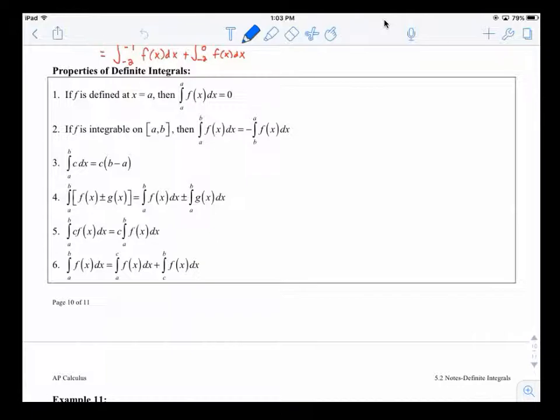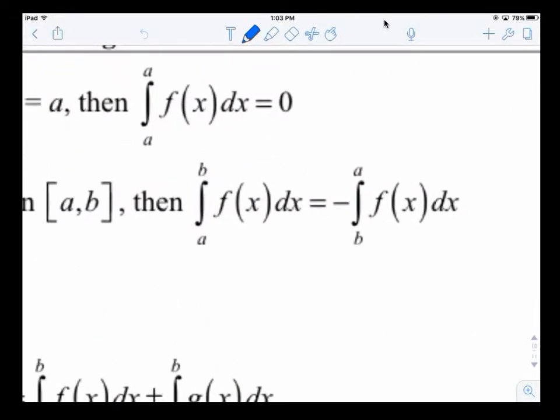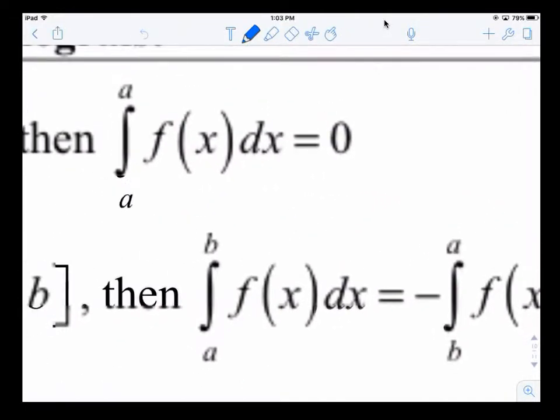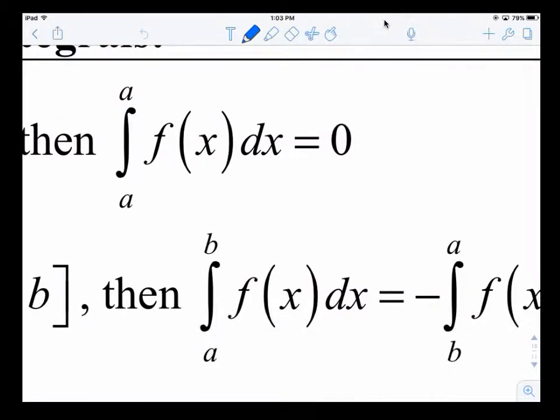All right, so number 1, these are all properties of definite integrals. Different techniques that you can use when you step up to a problem to come up with the answer. If you are taking the integral from a to a, that means your lower bound and your upper bound are the same number.